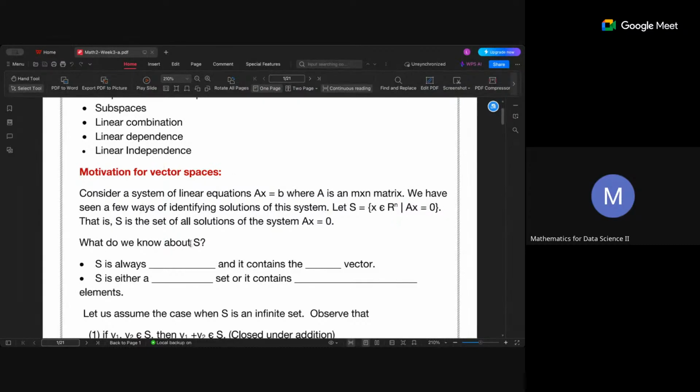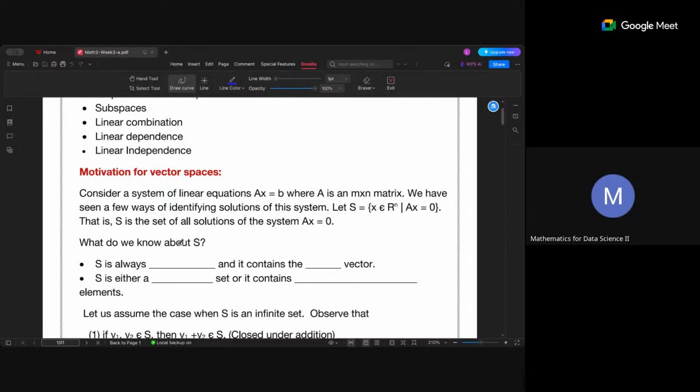Now what do we know about S? Is S empty or non-empty? It is always non-empty, right? And which vector is always there in this set?